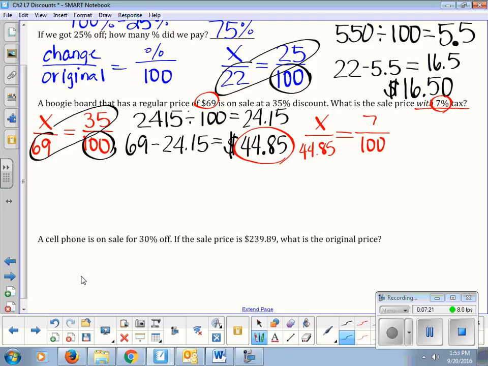So we are going to multiply the two numbers we know how to multiply. 44.85 times 7 gives us 313.95.